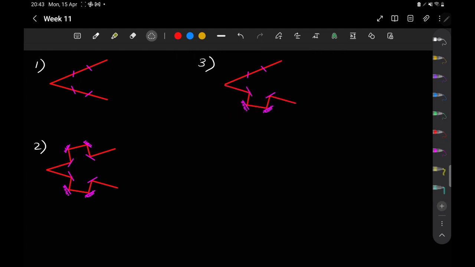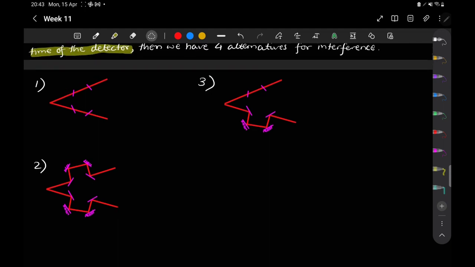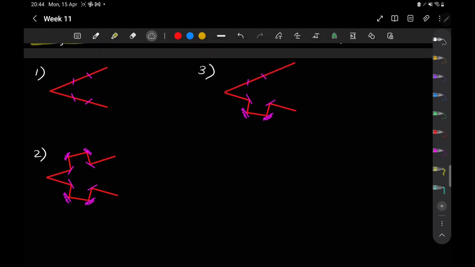So this, and a fourth path will also be there.